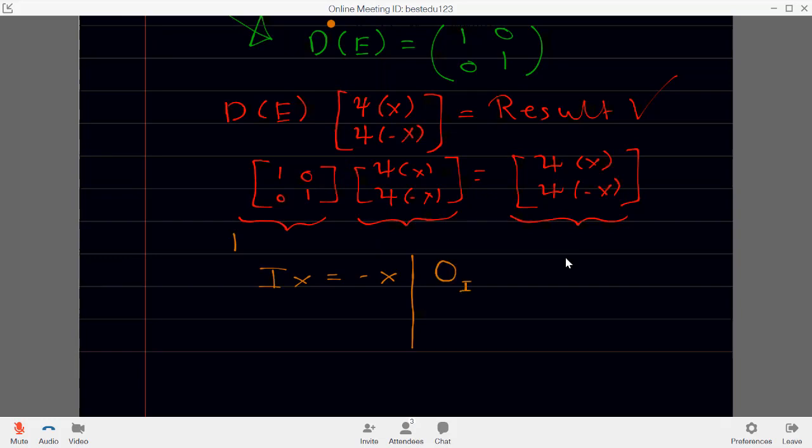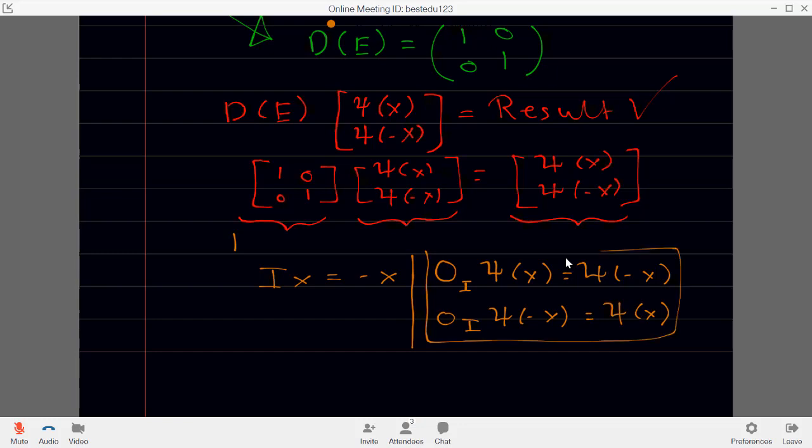So consider when OI acts on psi of x, we get psi of minus x, and when OI acts on psi of minus x, we are going to get psi of x. This is the result. Now write this result as a linear combination of the basis that you have chosen. So let's do that.